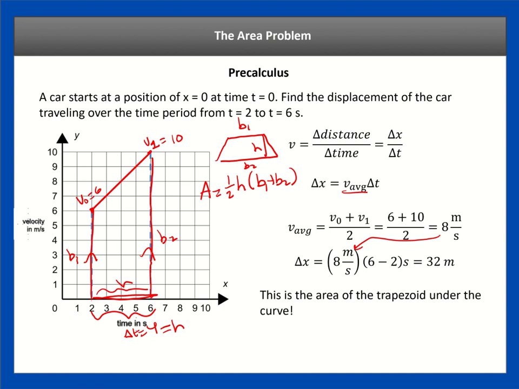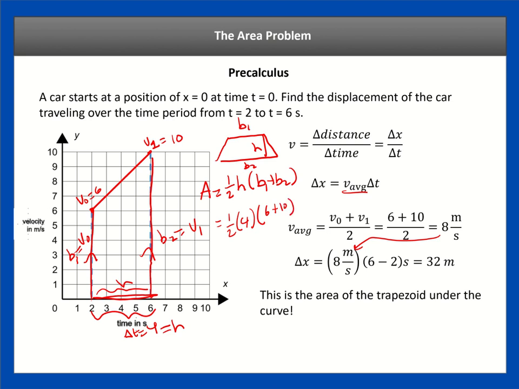Well, your base 1 is equal to V0 because it's 6 meters per second. Your base 2 is actually equal to V1, right? So essentially it's the same thing, right? You have 1/2 times the height, which was 4, and then you have base 1, which is 6, plus base 2, which is 10.